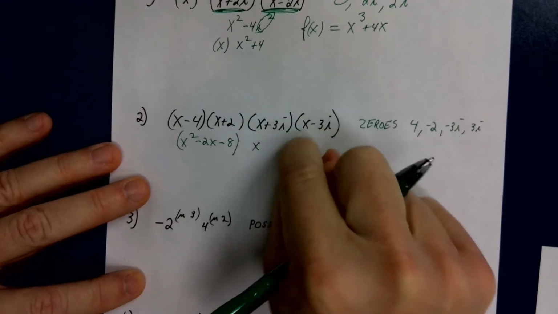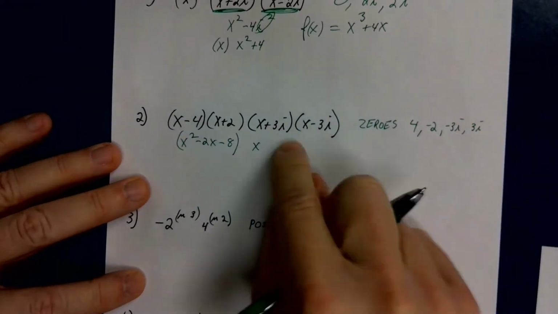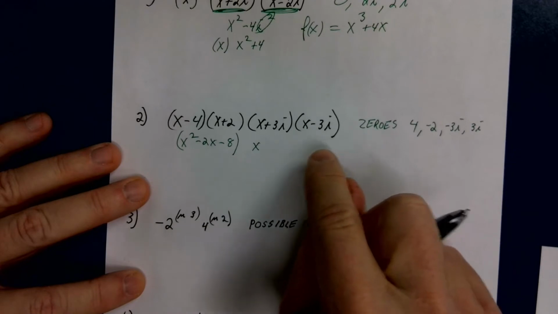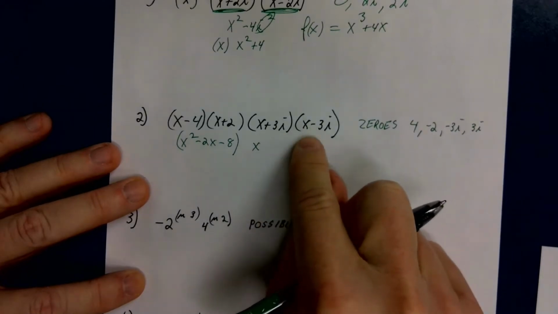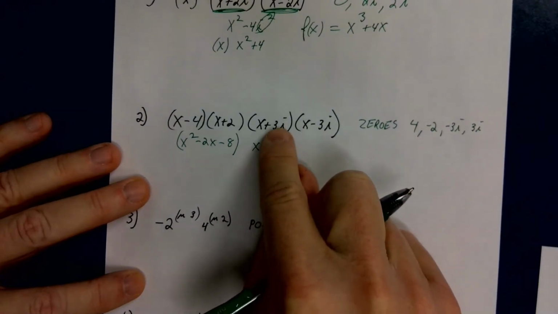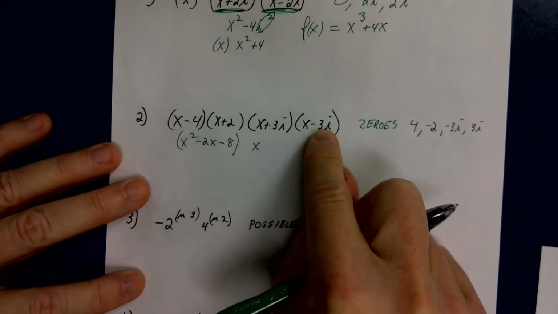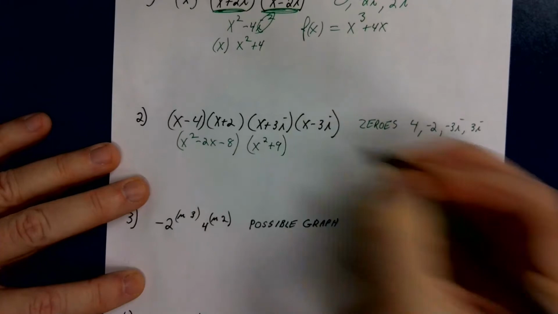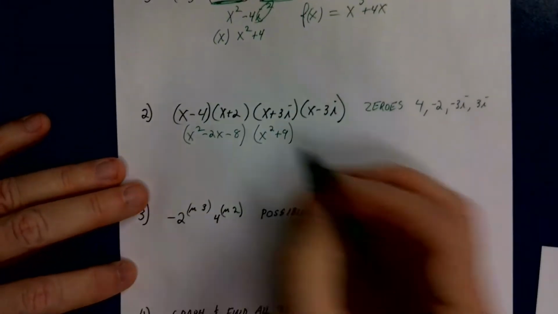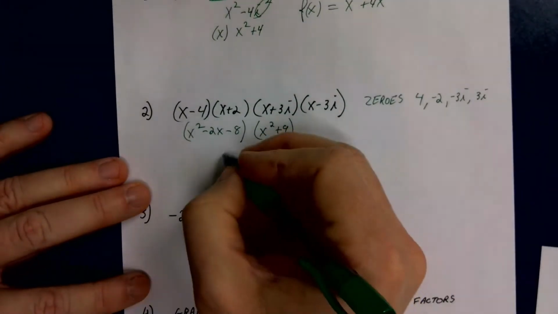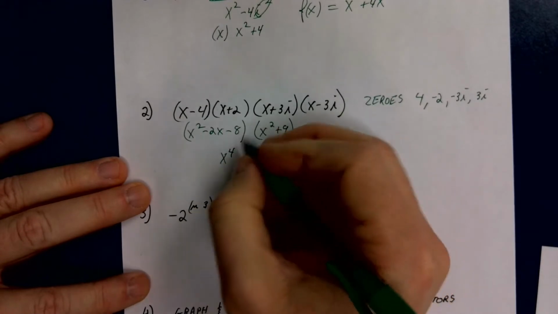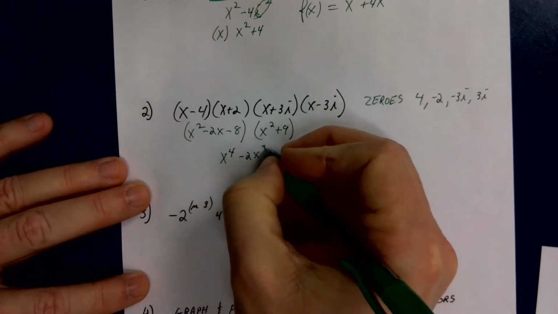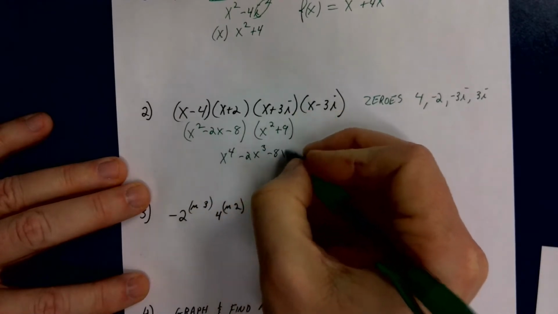Here, I think you'll get better and better at this. So x squared, the insides and the outsides happen to cancel on this one again. Doesn't mean that they have to do that every time, but they do in this case. And then 3i times negative 3i is negative 9i squared. So that's plus 9. Okay? Now I'm going to multiply this times this, and I get x to the fourth minus 2x cubed minus 8x squared.